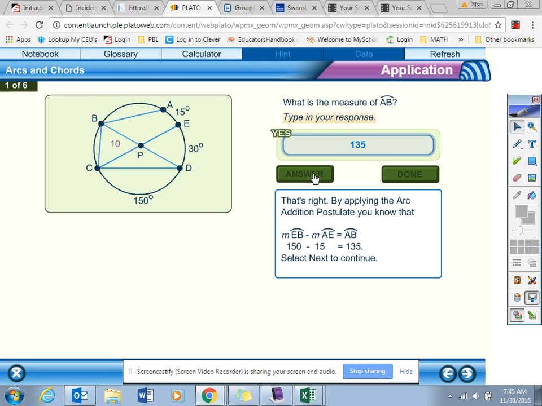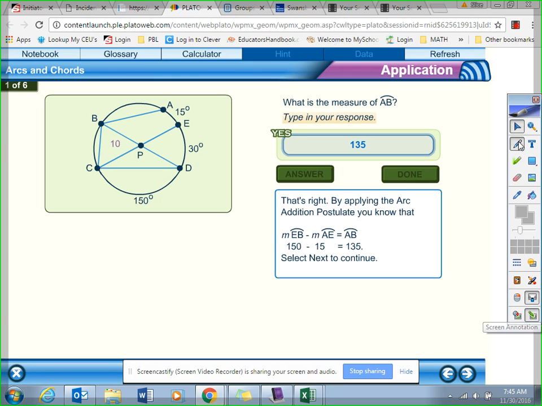Now they did theirs a little bit different way, and that doesn't mean that we're wrong. The only difference is they chose to do something a little bit different. And what they did was they knew that from here to here was 180 degrees. Since this is the diameter, remember that the diameter goes through the center of a circle. So if it goes through the center of a circle, all the way around is 360.